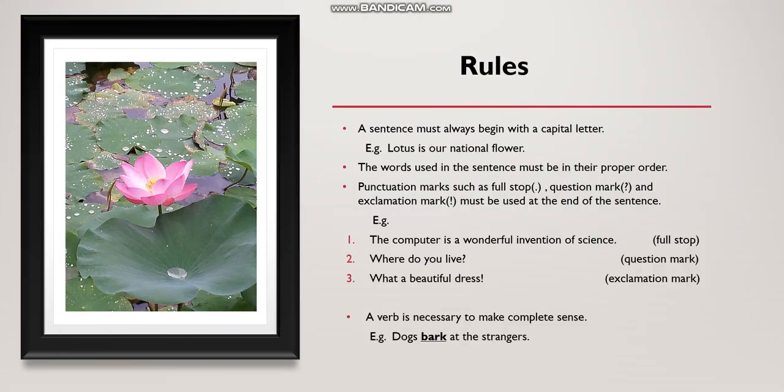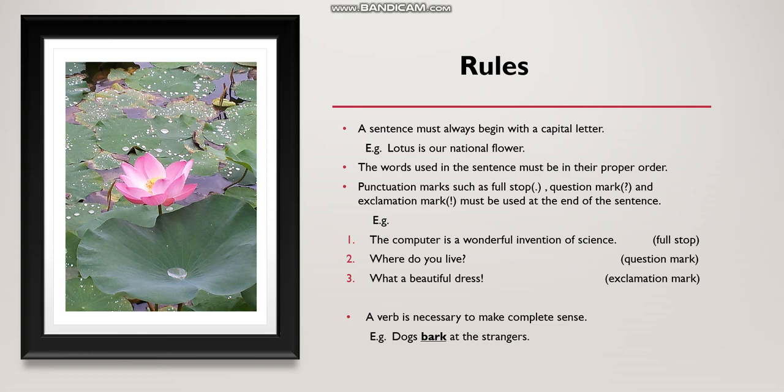Now students, let us go through the rules of formation of sentences. Point number 1. A sentence must always begin with a capital letter. For example, Lotus is our national flower.